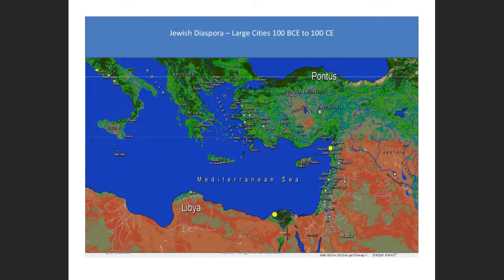Now, let's look at a map, because here it tells you the actual movement. You see down here is Judea, and there is Jerusalem. And the Jews first went, like the Christians, north toward Antioch and south to Alexandria. The dots on the map show you the large portions of Jewish settlements.